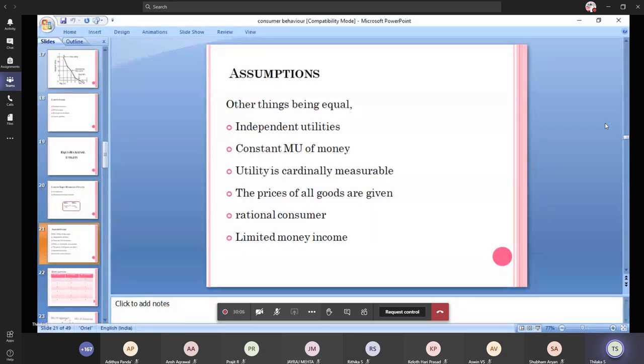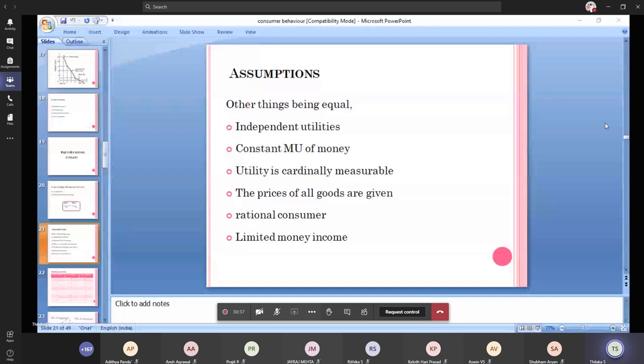The first three are the common assumptions made by Marshall for both laws, the diminishing as well as the equimarginal utility law. And the fourth one is that prices are given, and the consumer is rational, that is, a consumer always tries to reach the maximum satisfaction point. With limited money income he wants to attain the maximum satisfaction level. So these are the assumptions for the law.